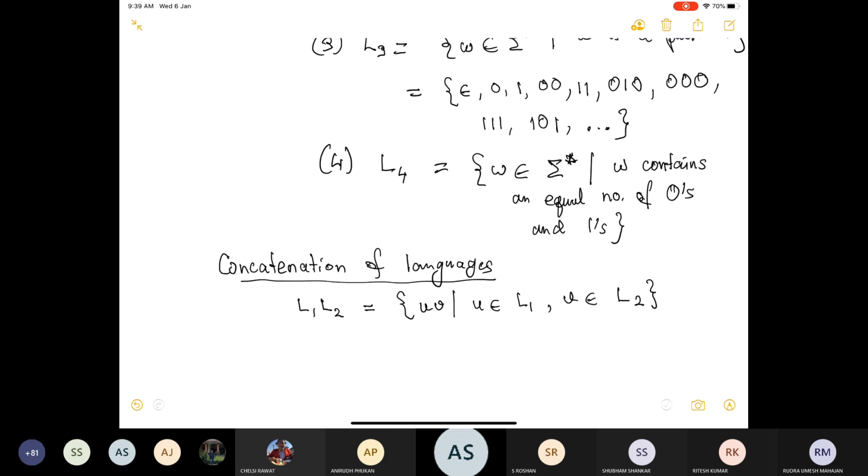Is this definition clear? In other words, a string in L1 L2 is a string in L1 followed by a string in L2.